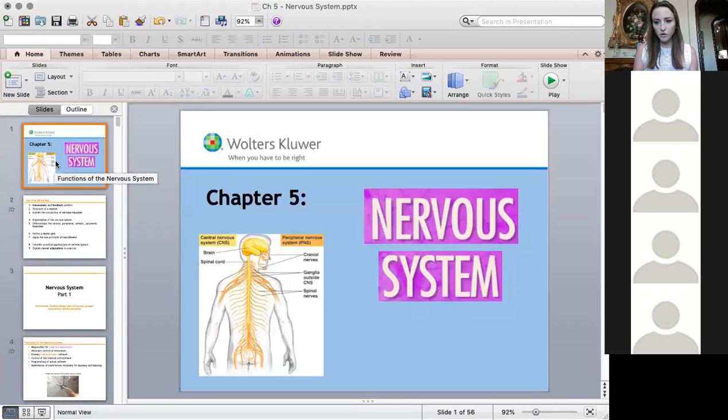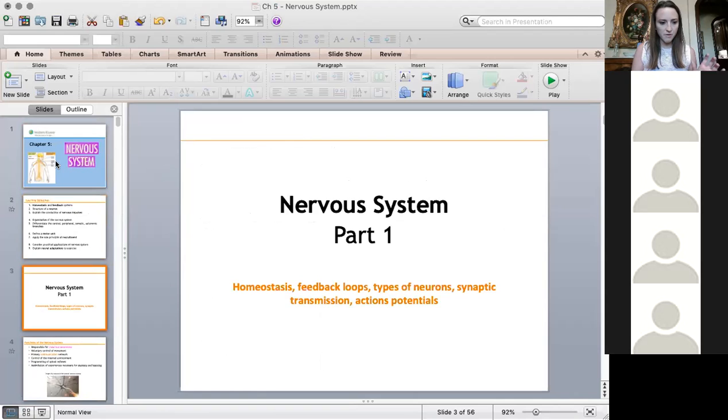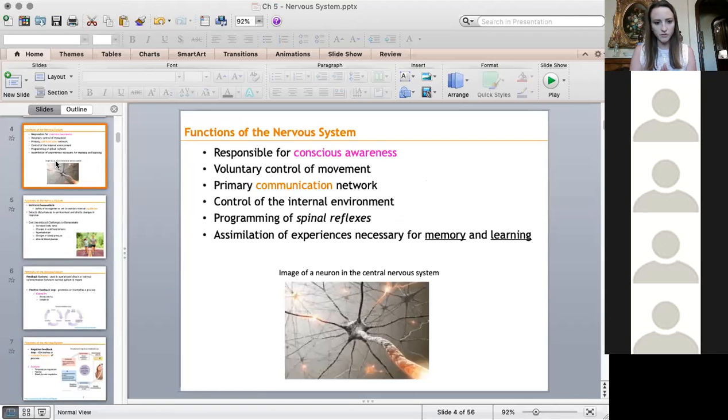Okay, so in the nervous system, first thing that was on the review was the functions of the nervous system. So this is just the main functions which are listed on this slide. When I went over this in chapter 5, the actual video lectures, I went into detail over those bullet points there. So what you primarily need to know for the exam is this is the most important system in the body.